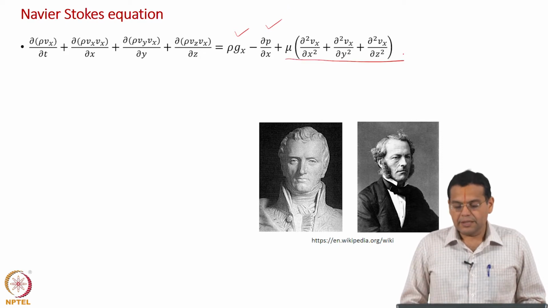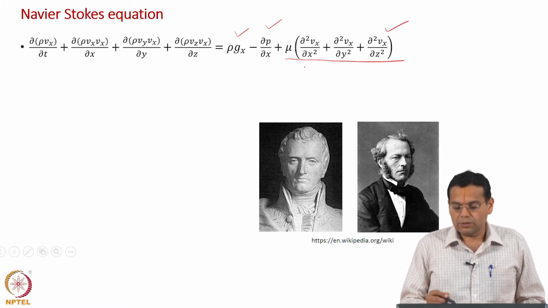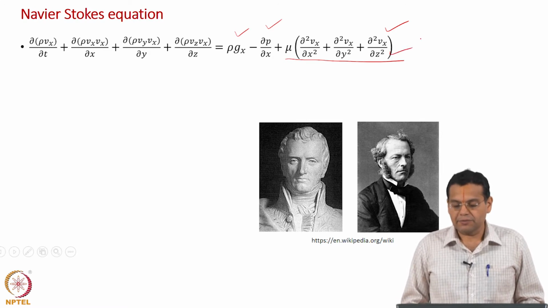Earlier we had it in terms of derivatives of the viscous stresses, and now we have simplified them to this term. So, those 3 terms on the right hand side have been expressed as sum of these 3 terms, okay.